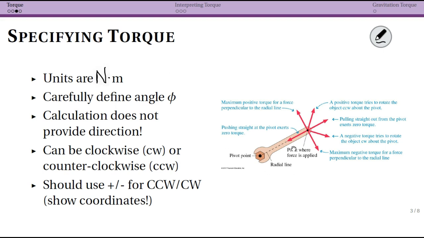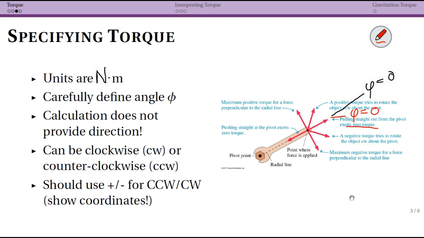So here's a picture where we again have our wrench with our pivot point here, and forces applied in lots of different directions. So the 0 for phi is over here, right? This is phi equals 0. So in the case that you choose this one, pulling straight out exerts 0 torque because this is phi equals 0.